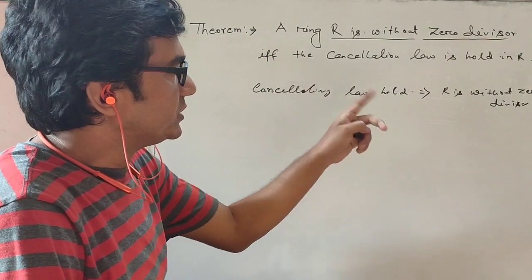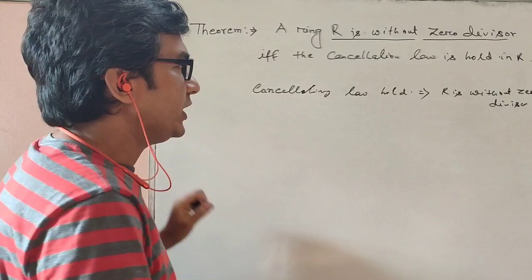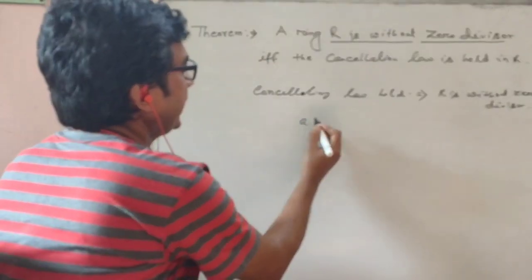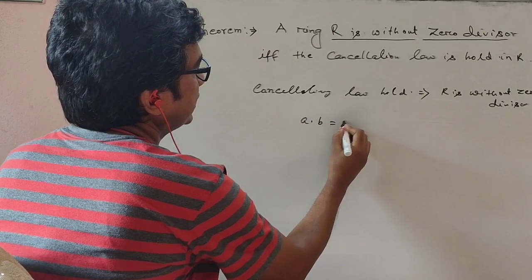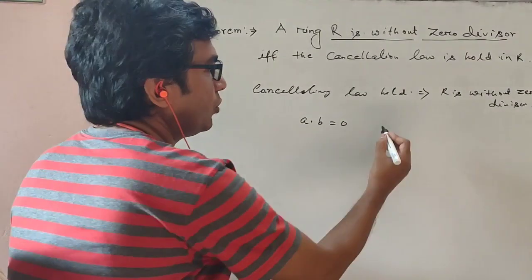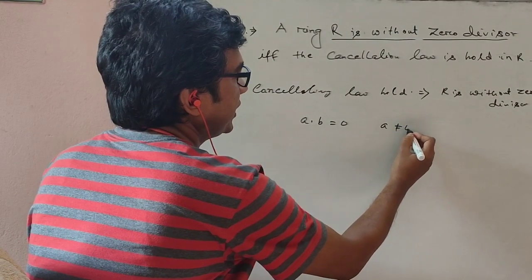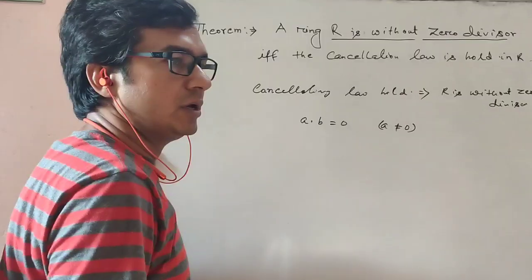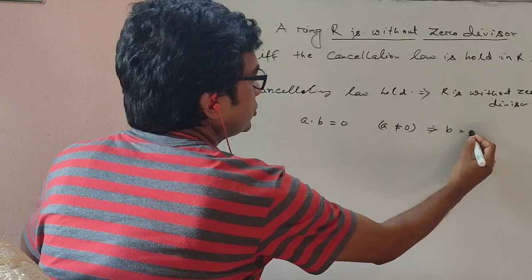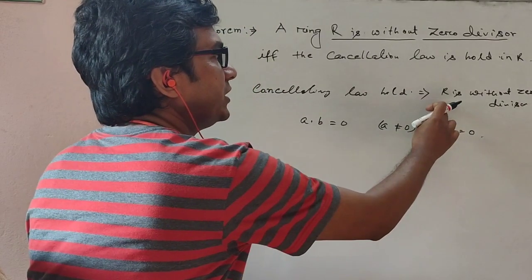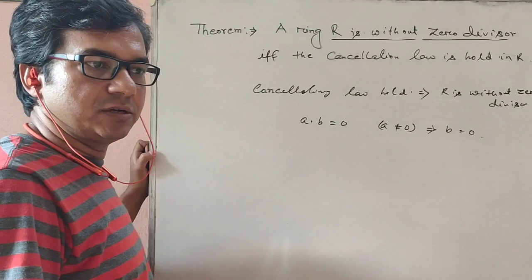For proving this, we let A dot B equal to 0, where A is a non-zero element. Now if we prove B equals 0, then the ring must be without zero divisor.